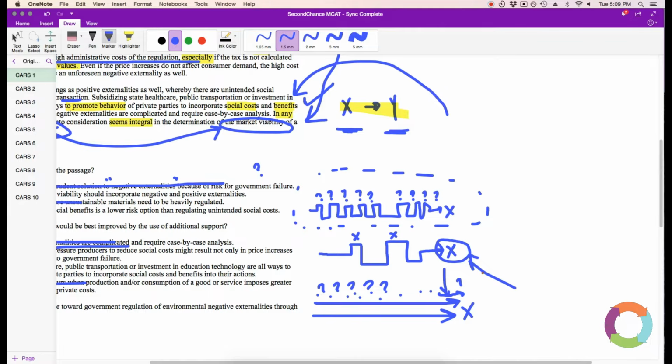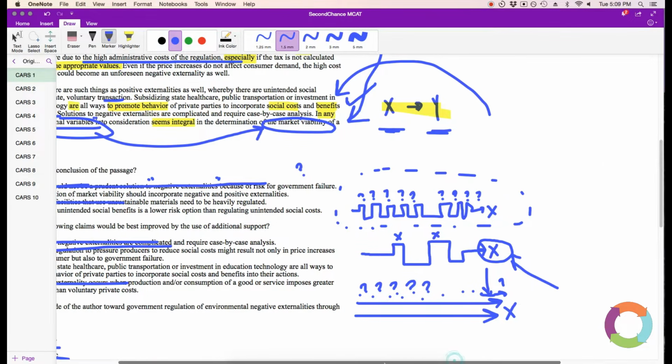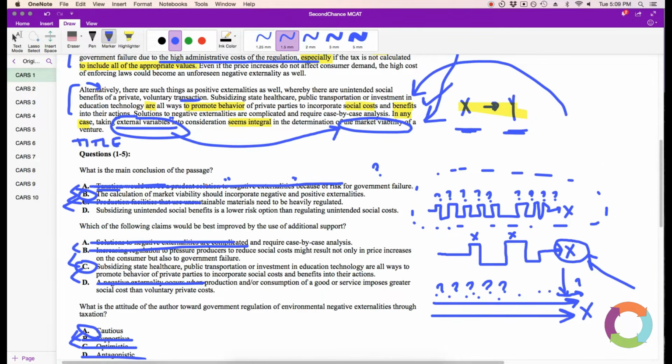So now when I read from top to bottom, what I'm looking for is, obviously, how does the author get there, right? How does the author come to that conclusion where they say that these external variables are so doggone important for the determination of whether a market venture is viable? So my questions are, well, first of all, what the heck are external variables? What are those variables?